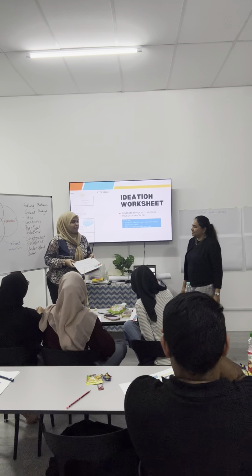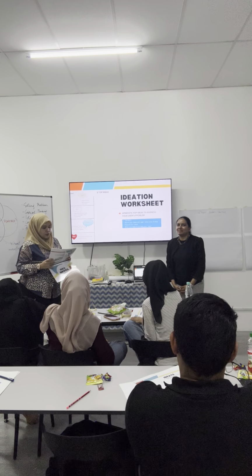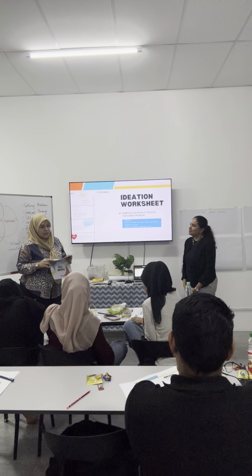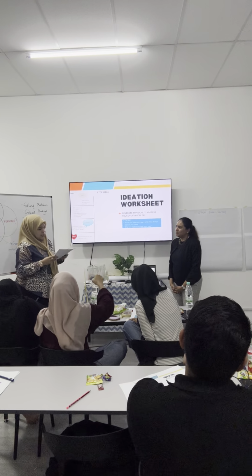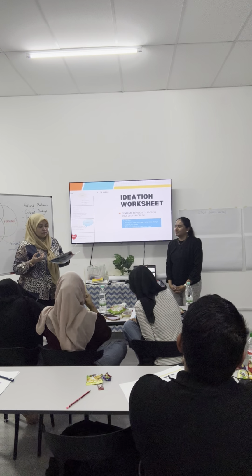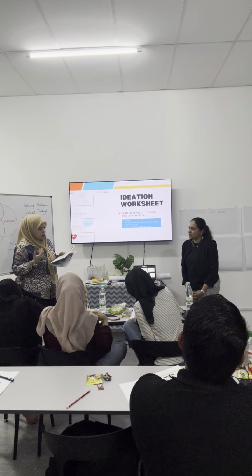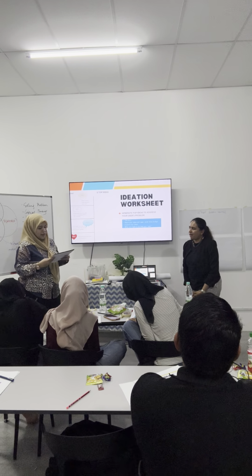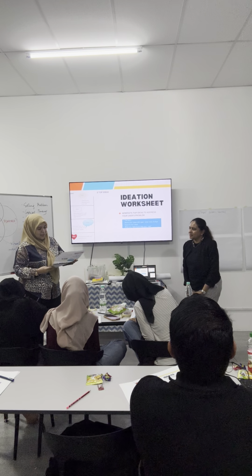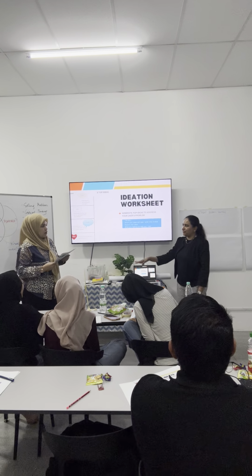So my user is Zamir. He's setting the problem. The problem statement is Zamir wants a way to easily find the game, and he wants to feel comfortable because he will not feel lost or find it difficult to find such a game. You want to share your four radical ideas first?